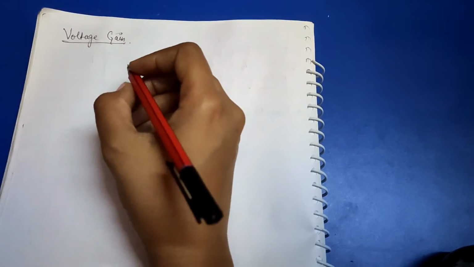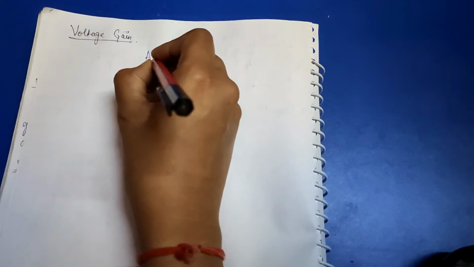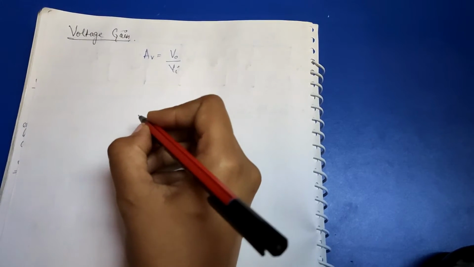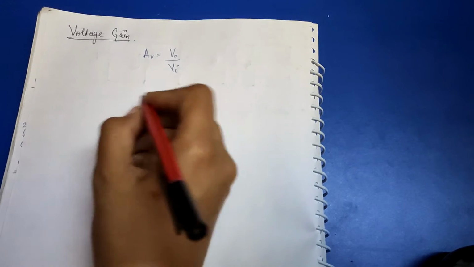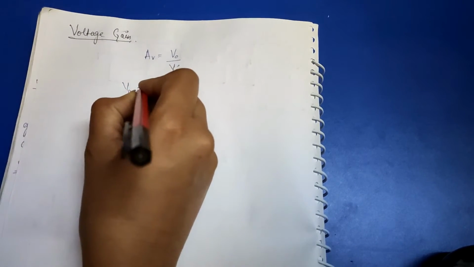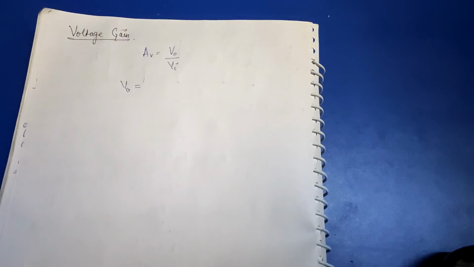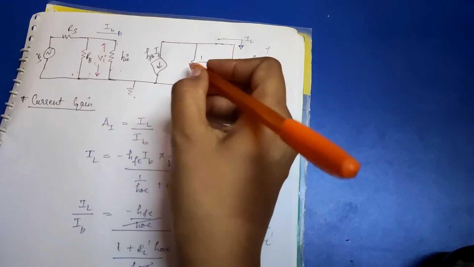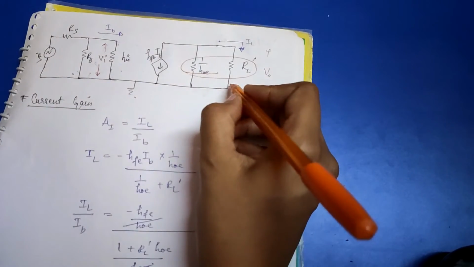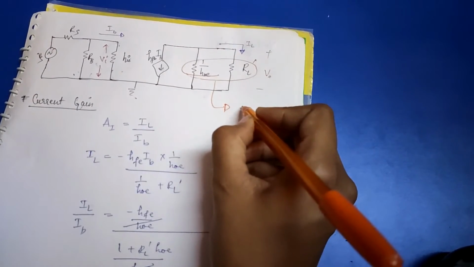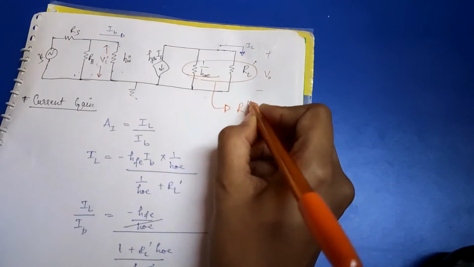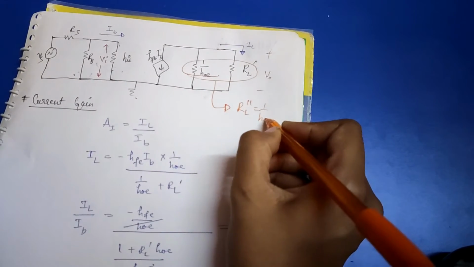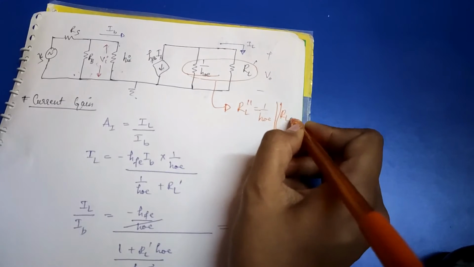The voltage gain is given by output voltage to input voltage. Okay, so the output voltage here is, so guys, let's just take the parallel combination of this, and after doing the parallel combination, I'm taking it RL double dash, and it is a parallel combination of 1 upon my HOE parallel to RL dash.